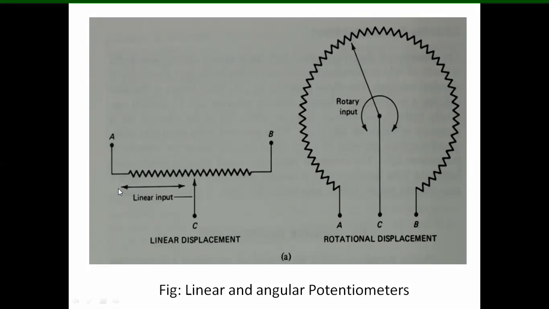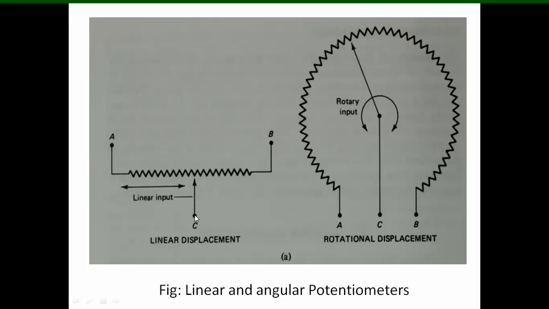Okay. So when the displacement is applied, this point will be moved, and accordingly the voltage drop across this particular resistance will be given as output. Assume that initially the pointer is at this point. Then the entire voltage appears as output, because the applied voltage appears across these two points.